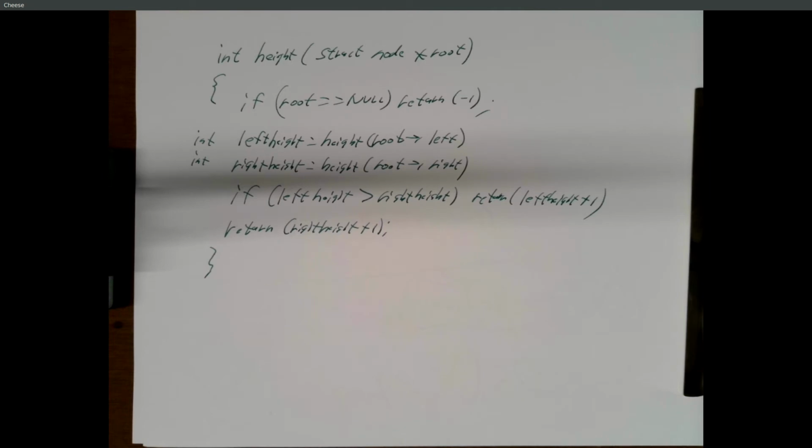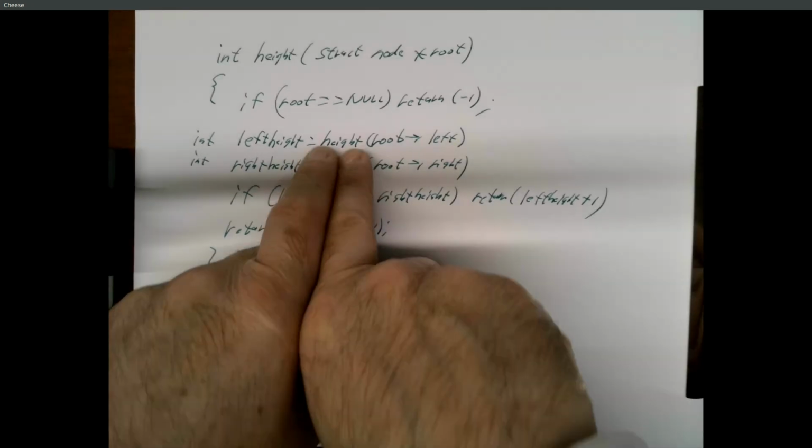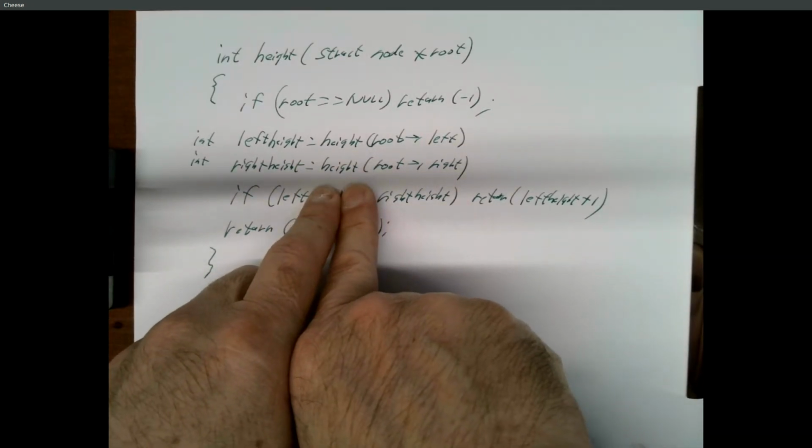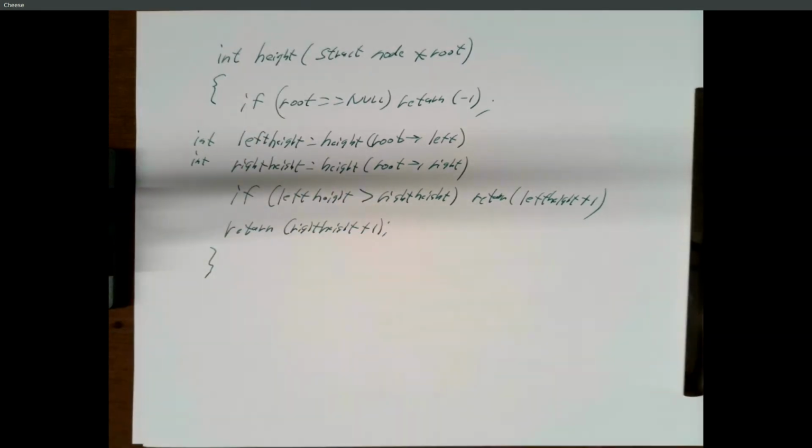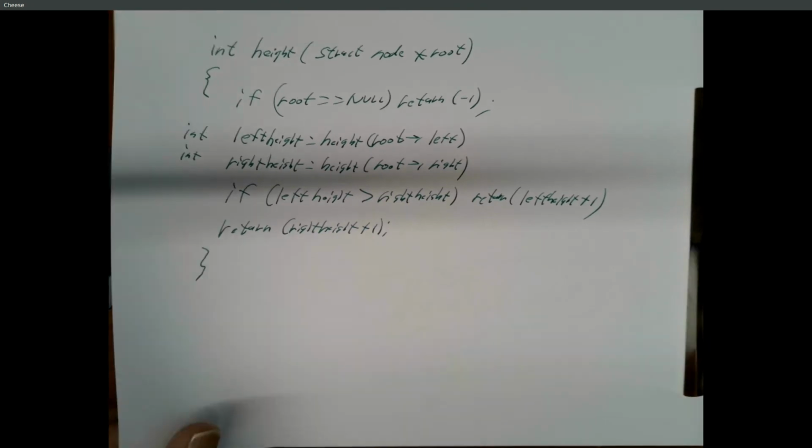But it's recursive. It's cheating because we're using a really powerful function in here called height. Right? It just feels a little weird because that's the function we're writing. That's recursion. So think about that, but not too deeply maybe.